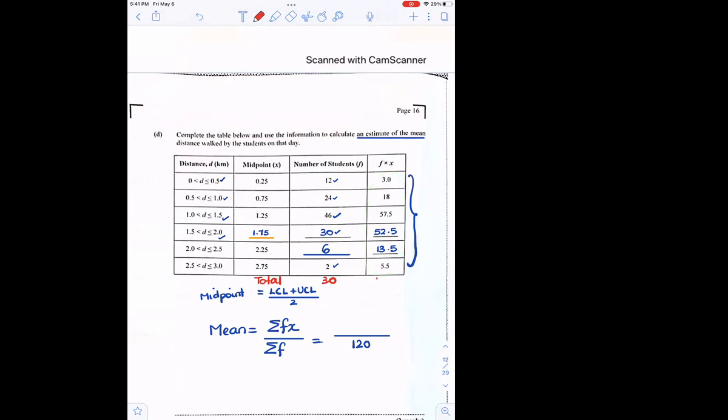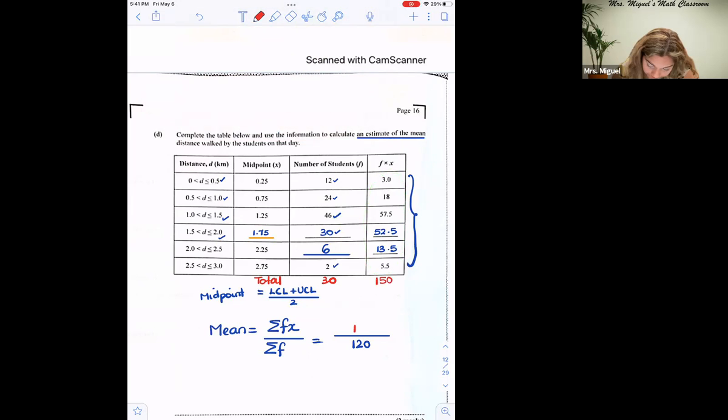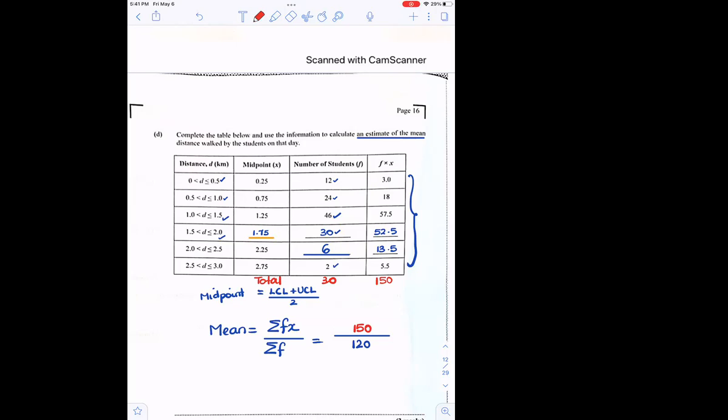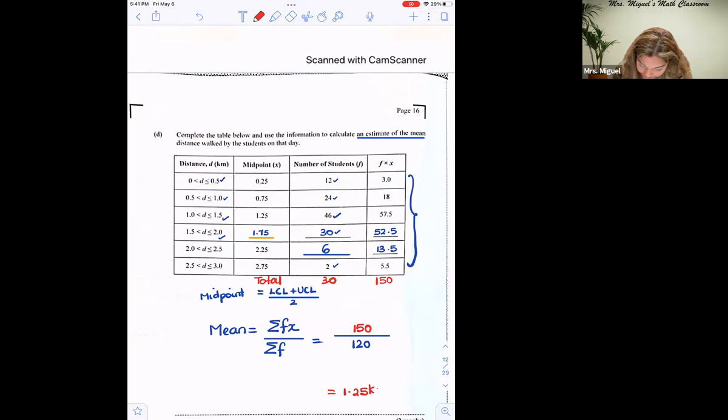So 150 divided by 120 is? 1.25 kilometers. So that wasn't too bad.